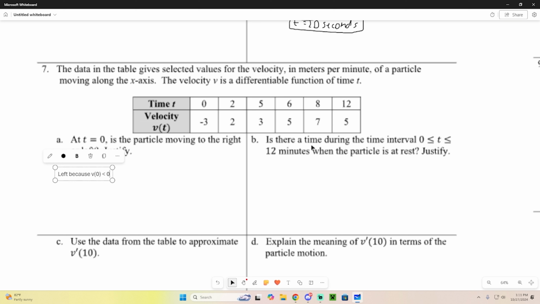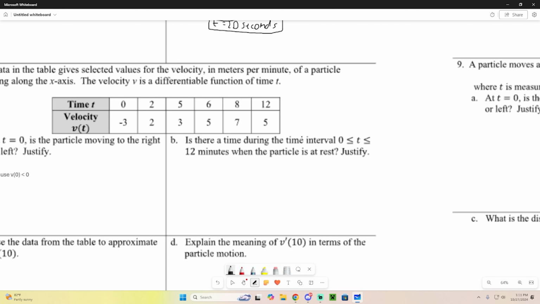Is there a time during the time interval 0 is less than or equal to t, which is less than or equal to 12 minutes when the particle is at rest? Okay, so here we need to use the intermediate value theorem from unit 1. At t equals 0, our velocity v of 0 is equal to -3. And then our v of 12 is equal to 5.